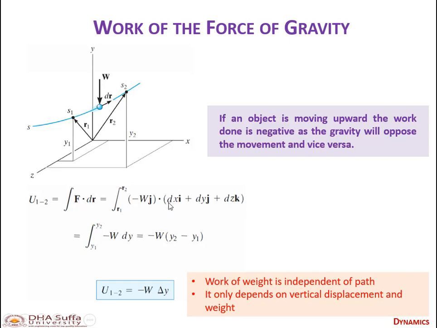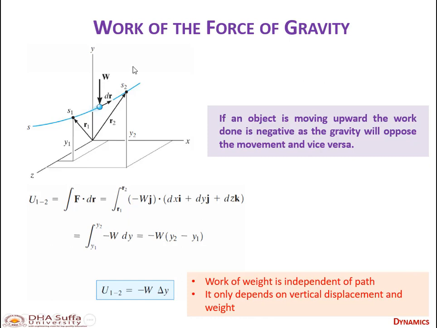That is showing the differential displacement along the x, y, and z axes. We have to find the work done by the force of gravity, so we are not concerned about the other two axes, z and x, since the force is acting along the y-axis. It would change if the force w were acting along another axis, but in this figure the force is acting along the y-axis.